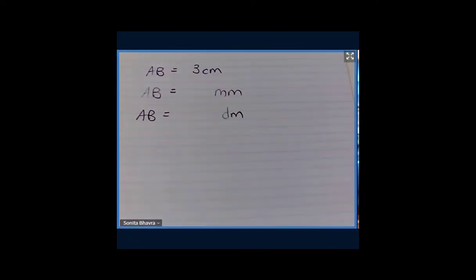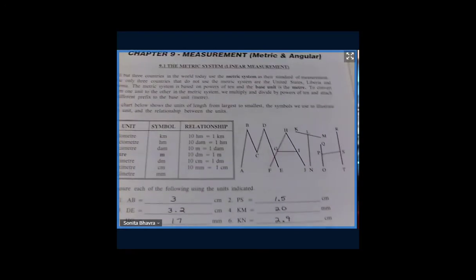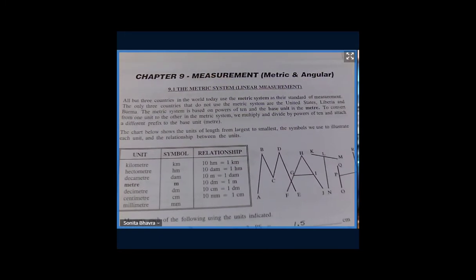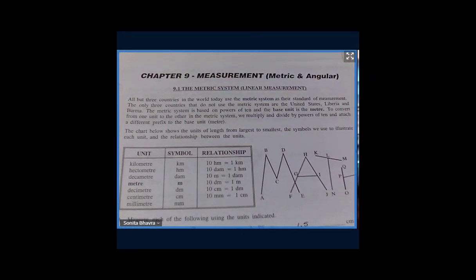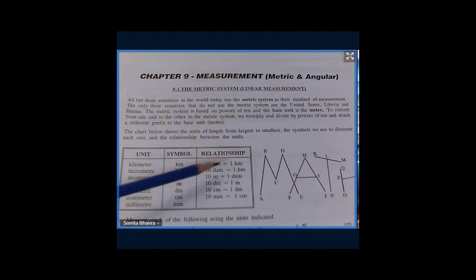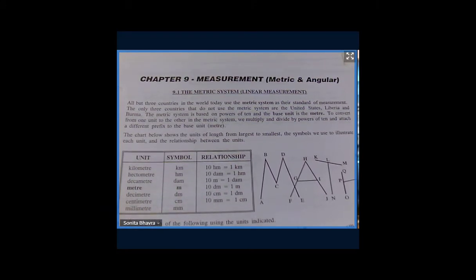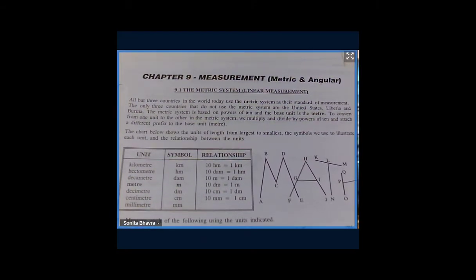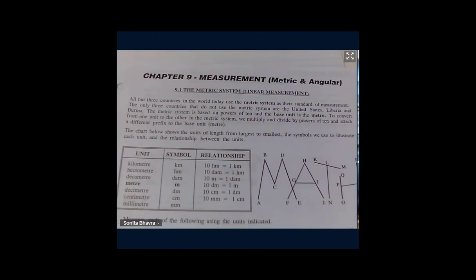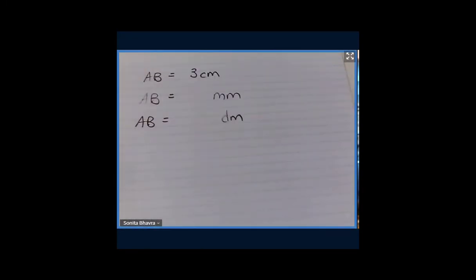To do that, we're going to use our conversion chart. Again, this was given to you in your modules, and we're going to use these conversions to help us figure that out. In the next class, we'll look at the full linear diagram. So let's do the first one.